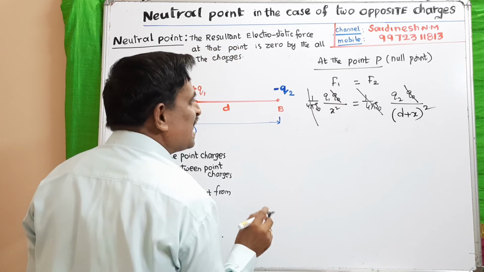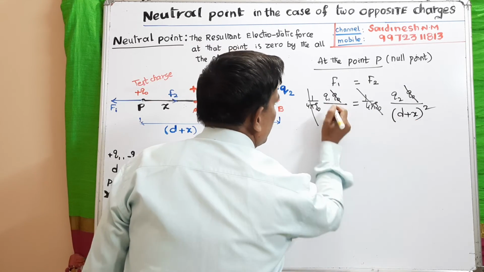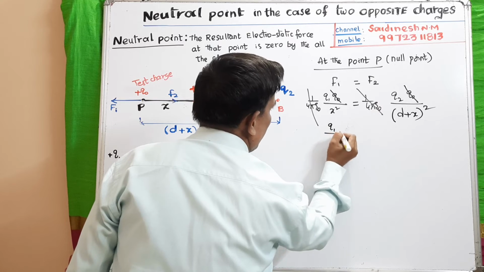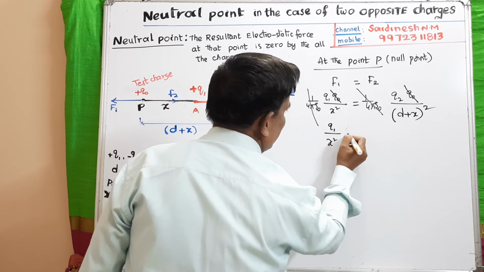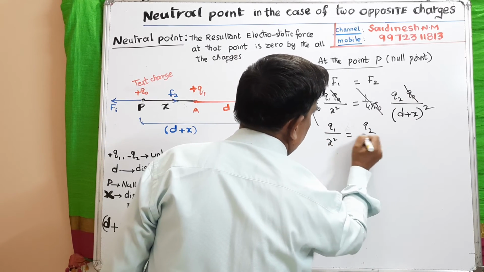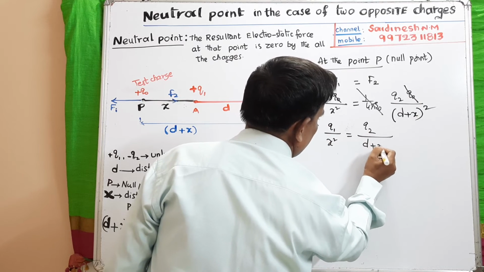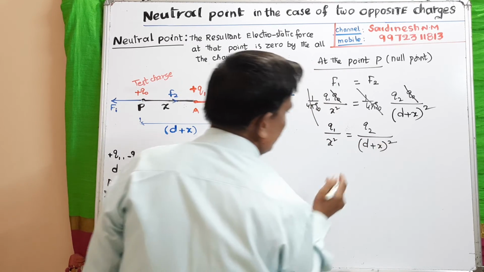Now please listen here. Q1 by x square is equal to Q2 by d plus x whole square.